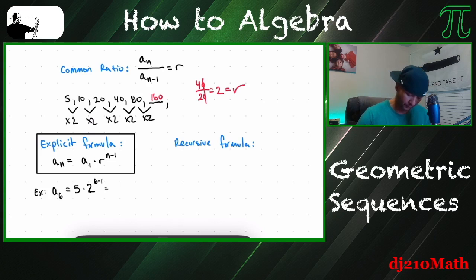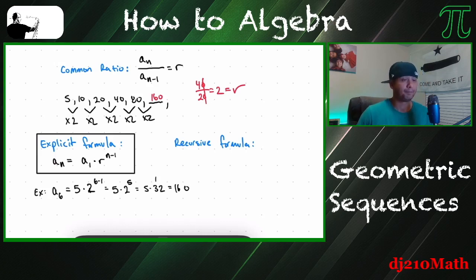So 5 times 2 to the 5th. What is that? 2 times 2 is 4, times 2 is 8, times 2 is 16, times 2 is 32. So 5 times 32, which would be 160. And that's exactly what it is, 160.